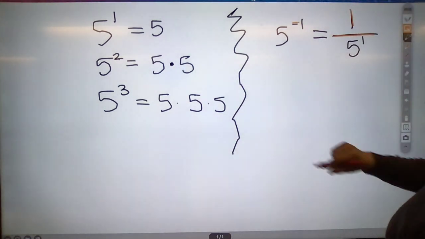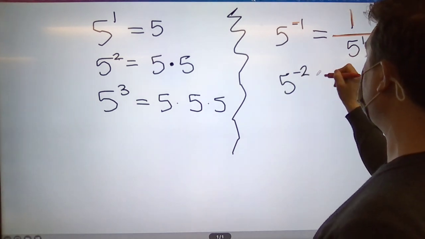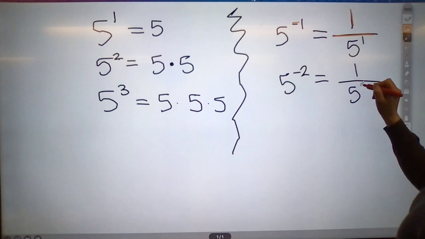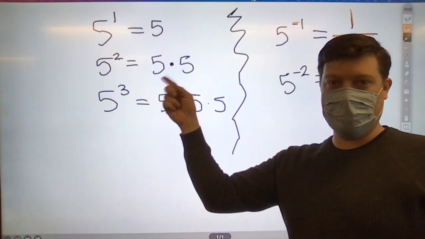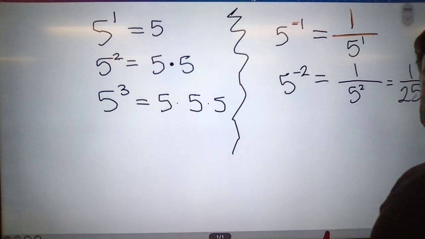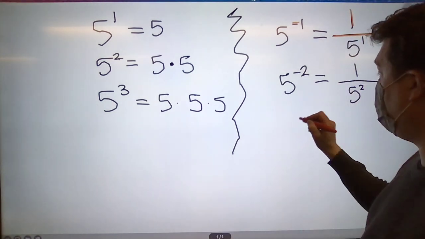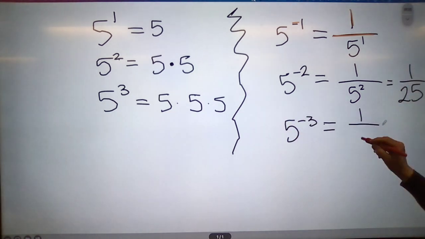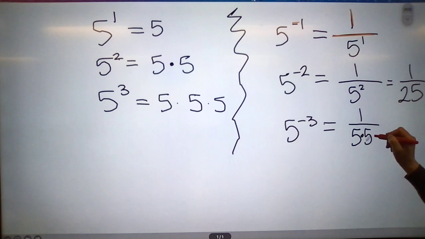So if we continue writing 5 to the negative 2, 1 over, because of the negative, 5 squared, which would mean that on the bottom of this is 5 times 5. Continuing on, what we can do with some of these rules, 5 to the negative 3, which would be 1 over 5 times 5 times 5.